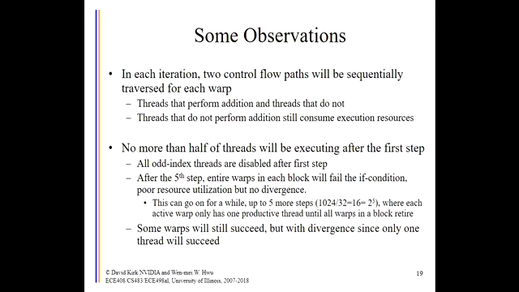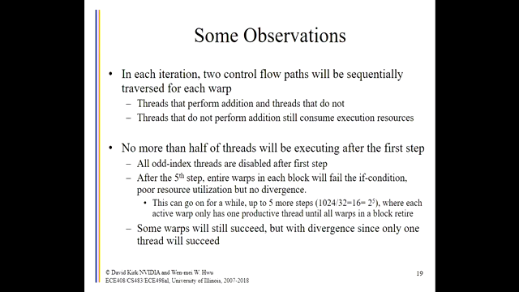Absolutely. So, the bottom line is when we look at that kernel, the kernel looks fine. It has the parallelism. It uses shared memory, but it has no more than half of the threads executing after that first step. And so all the odd index threads are disabled after the first step and so on. So after the fifth step, this will continue for 5 steps.